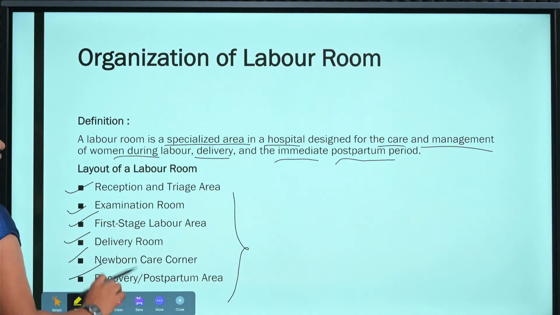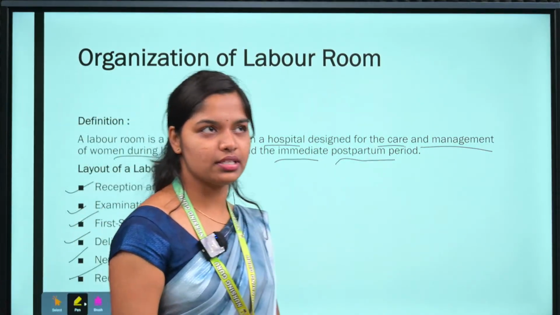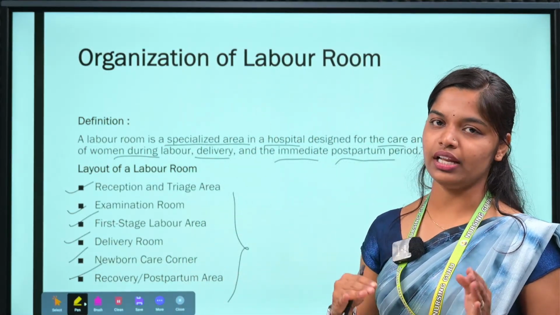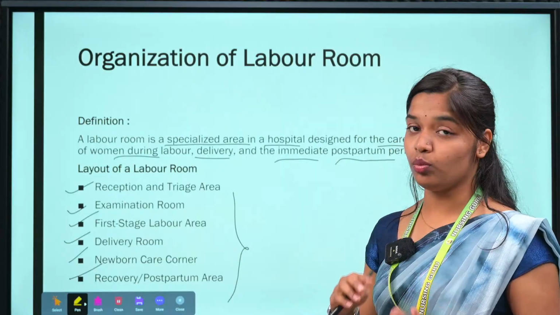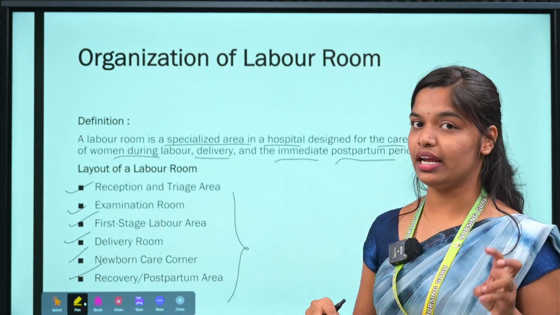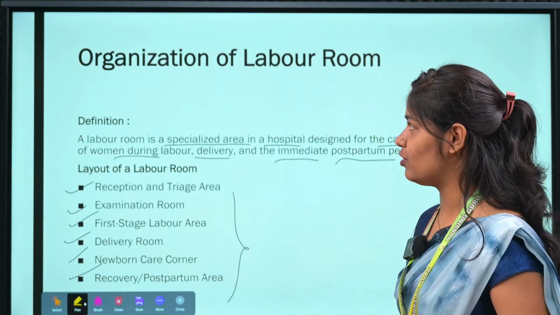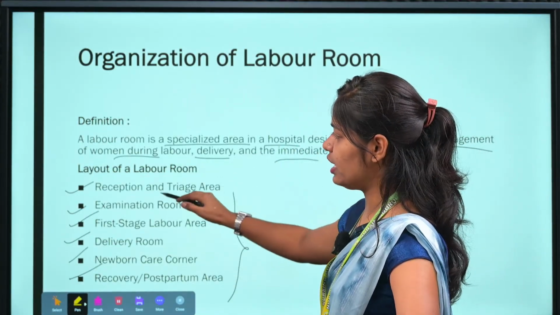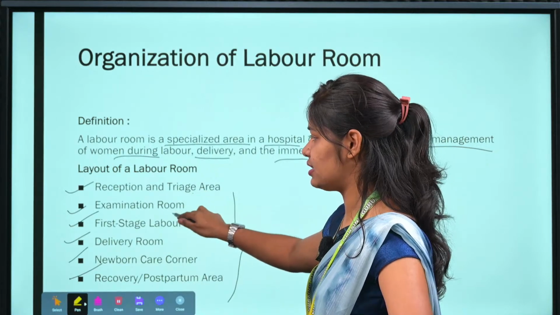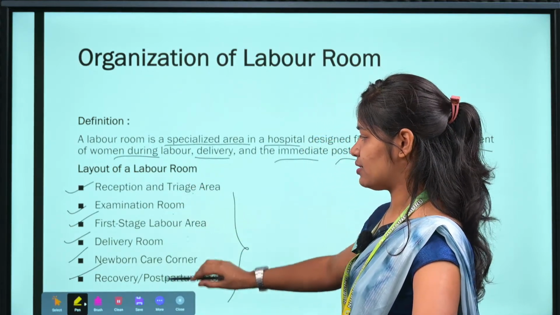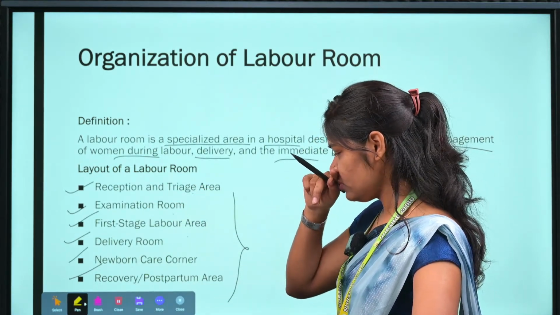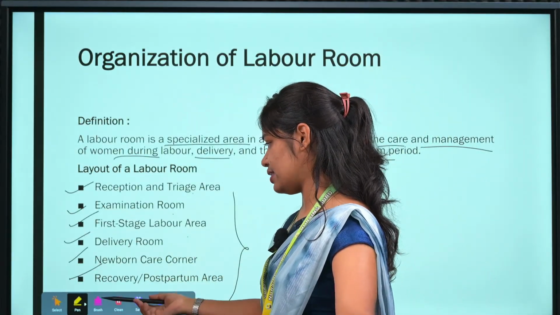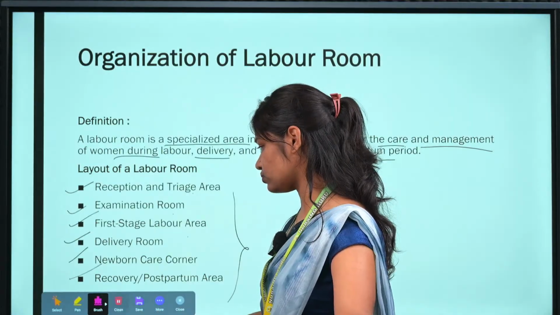It helps in the care and management of women during labor, delivery and the postpartum period. In this labor room, which areas should be there? Reception and triage area, examination room, first stage labor room, delivery room, newborn care corner and recovery postpartum area.